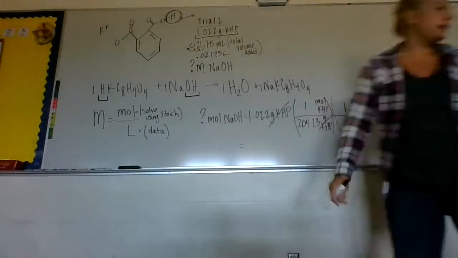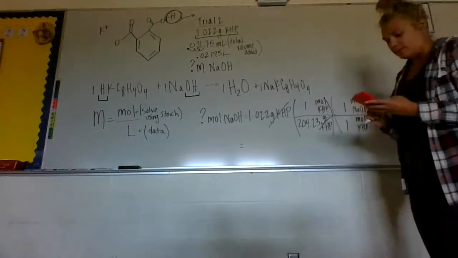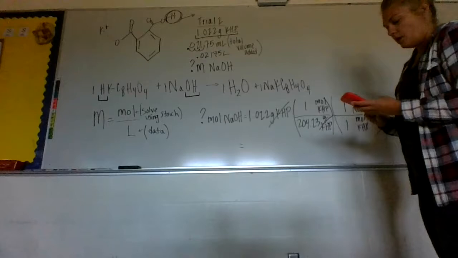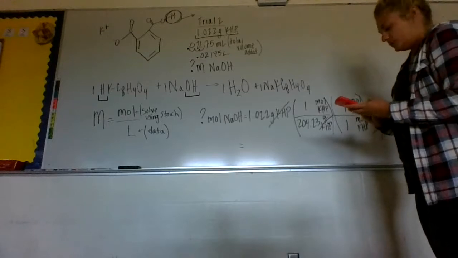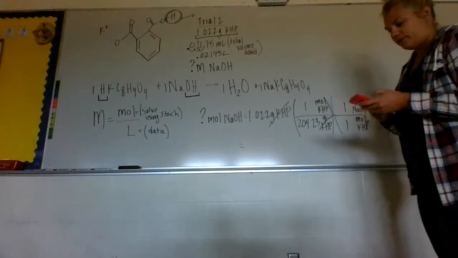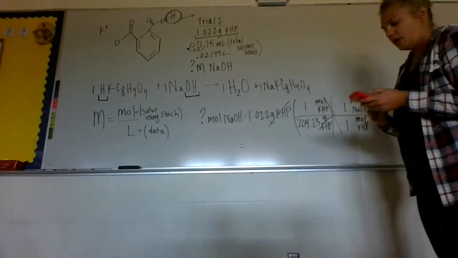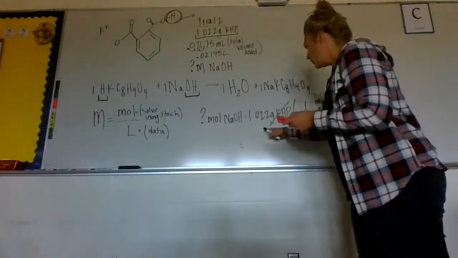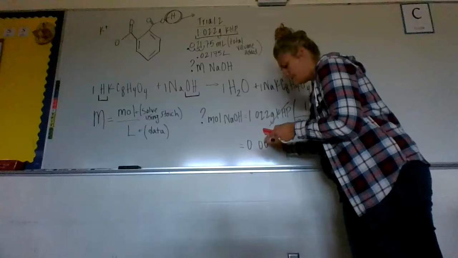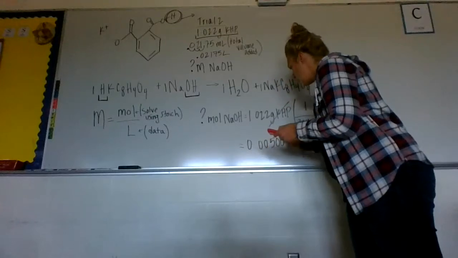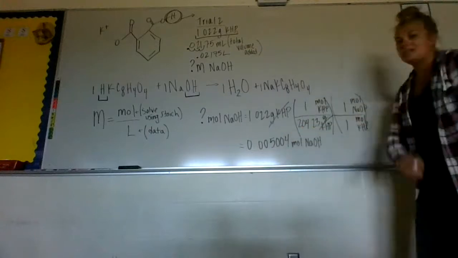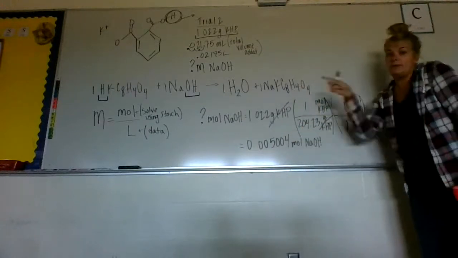If I plug this into my calculator, I'm just dividing 1.022 by 204.23. I'm getting, with 4 significant figures, because that's what I have with my data, 0.005004 moles of sodium hydroxide, which is awesome because that's what I need for molarity.